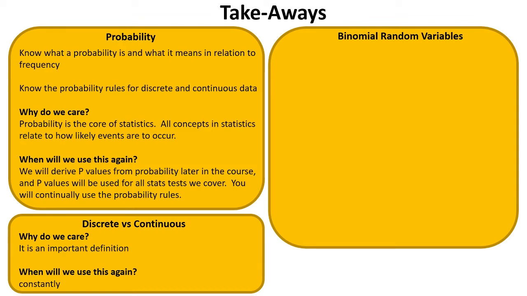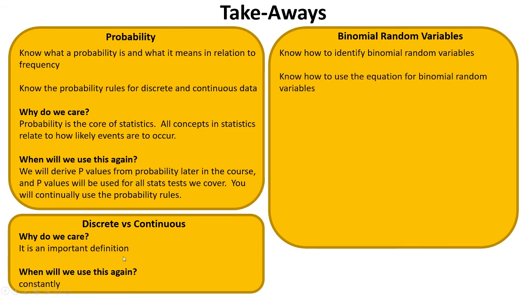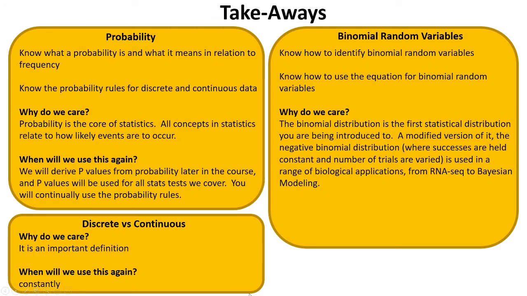Binomial random variables. So you want to know how to identify a binomial random variable. You want to know how to use the equation for the binomial random variable. And we care about this because it's the first statistical distribution you're being introduced to. It's not used so much in a lot of biological research, but a modified version of it, the negative binomial distribution, is used for a ton of biological applications, from RNA sequencing to Bayesian modeling.